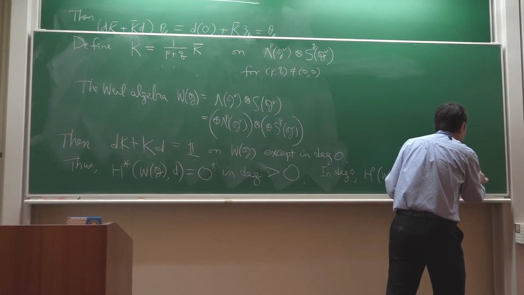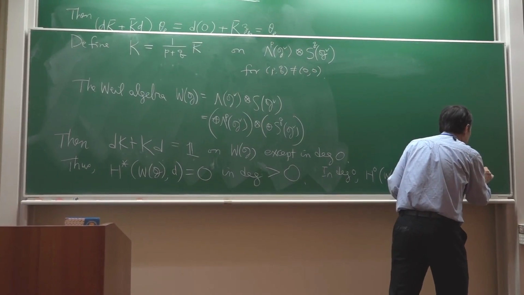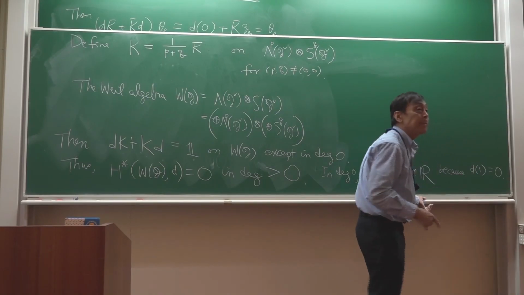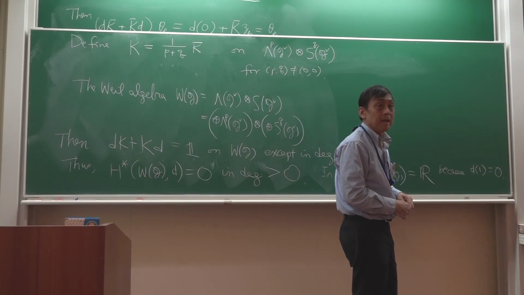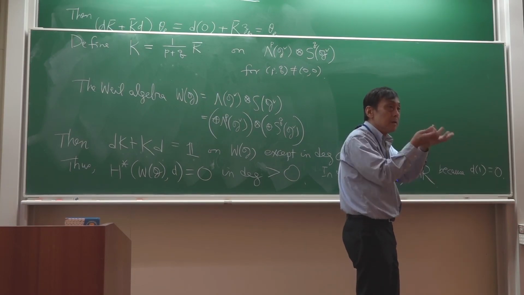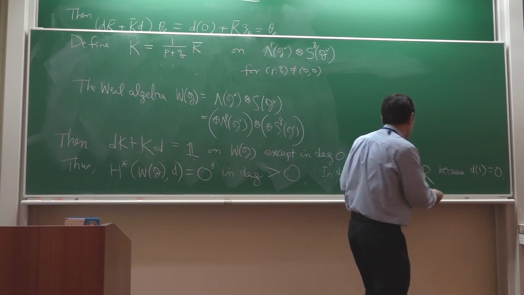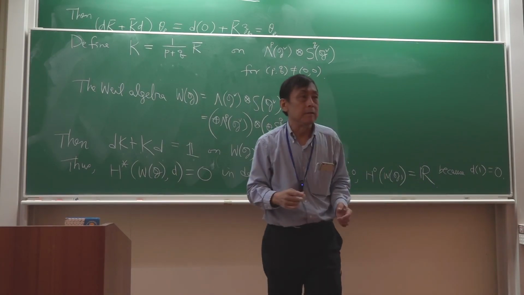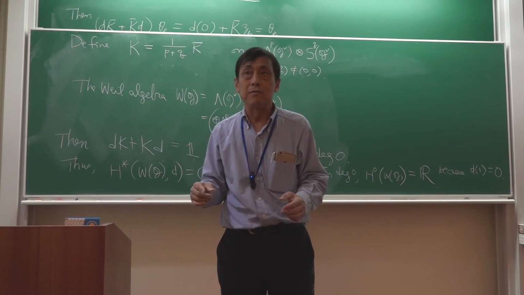Because d of a constant, d of 1, is 0, and there's nothing to make it exact. Okay? So that calculates the cohomology of the Weil algebra.